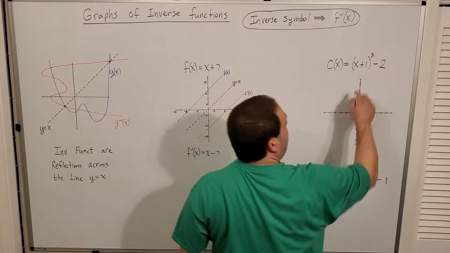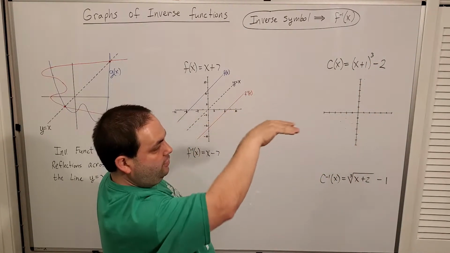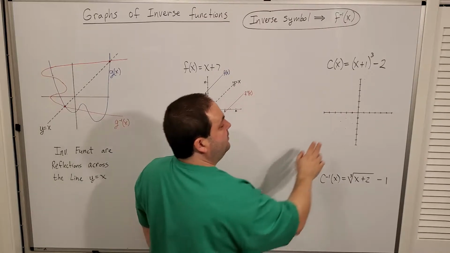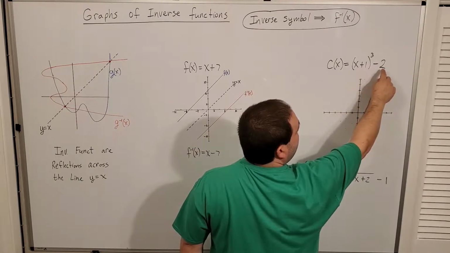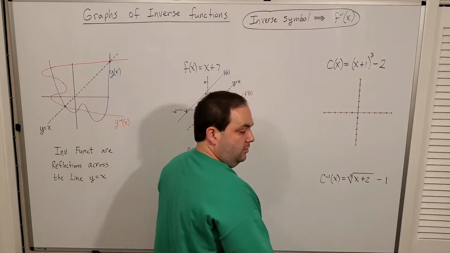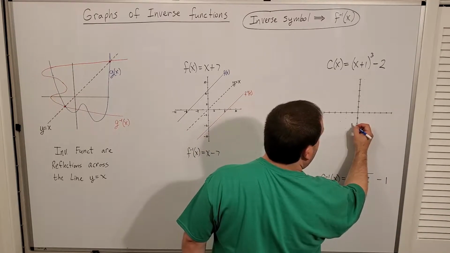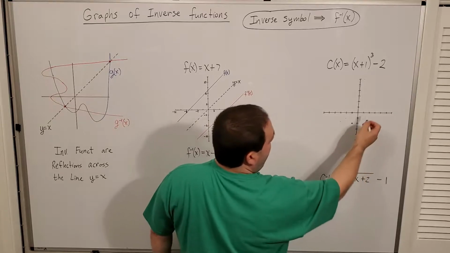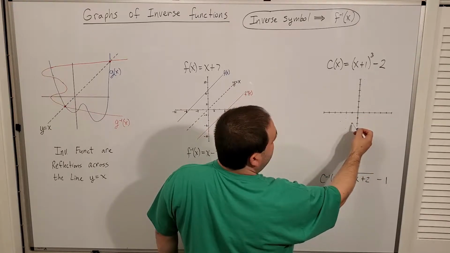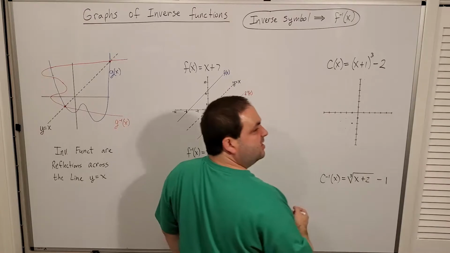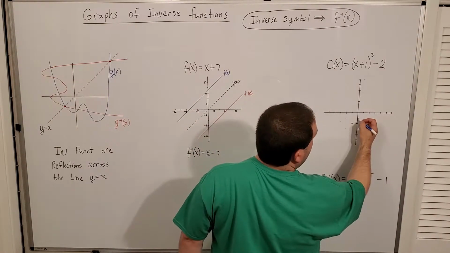X cubed is that swirly function, right? And it's been shifted 1 left and 2 down. So then that gives me a center point right here at negative 1, negative 2. And then if I plug in some other points, it goes through the point 0, negative 1.